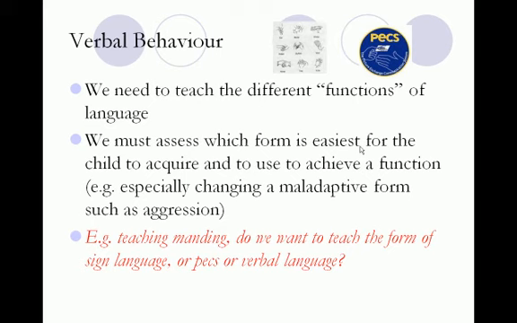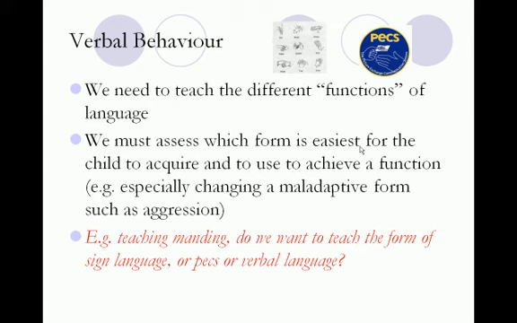So choosing the form of the response is crucial to ensuring that it will be learned and generalized and all those good things. So, for example, in teaching manding, do we want to teach the form of sign language or PECS or verbal language? And one thing we want to be cautious of as behavior analysts is we want to ensure that we select the form that is best for the individual learner.